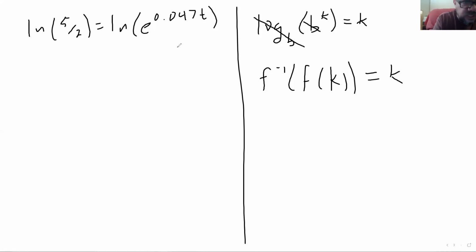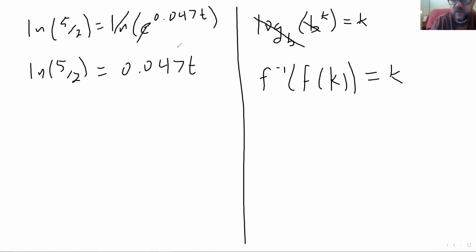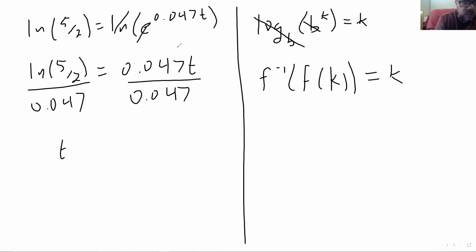So this really says that the natural log of 5 halves equals 0.047t. Divide by 0.047 and we're done. So t is approximately equal to something that I have no idea about. So I'm going to go to a calculator, right? So ln of 5 halves over 0.047 is what I want to do.